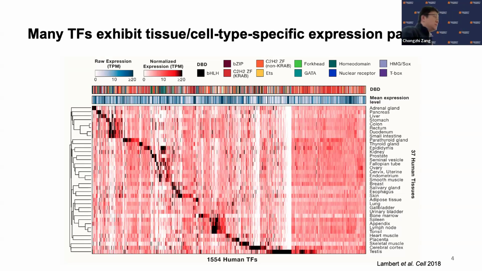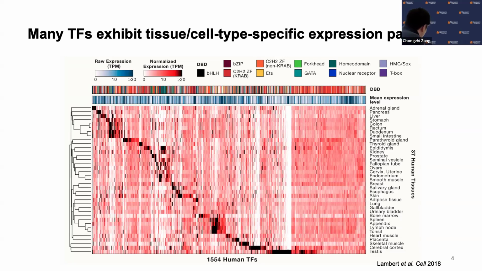Many of the transcription factors also exhibit a tissue-specific or cell type-specific expression pattern. Just like we only need a subset of genes to be transcribed, to be expressed in a particular cell type, only a certain subset of transcription factors is needed in a given cell type.